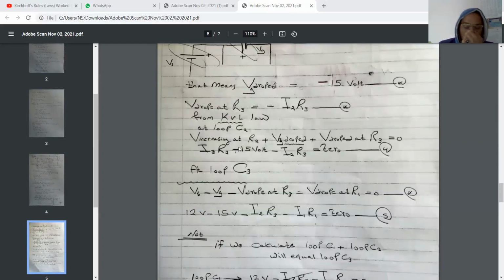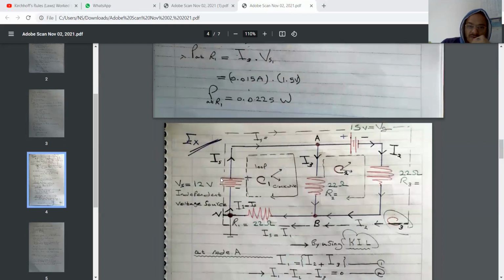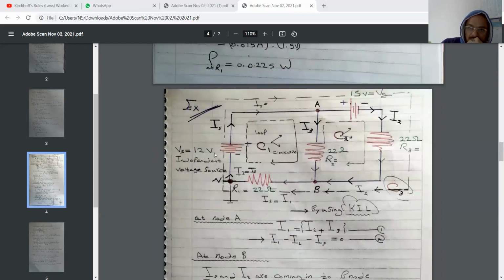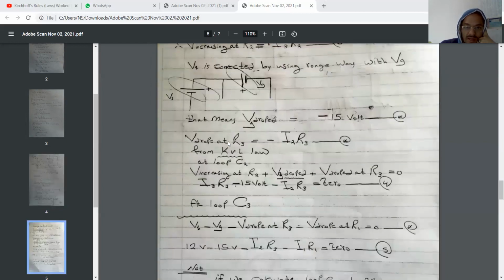Now at loop C3 we will start from VS going to, we will see a drop here because from the plus to minus terminal, going to drop at resistance 3, going to drop at resistance 1, and come back to VS. Let's see what will happen.